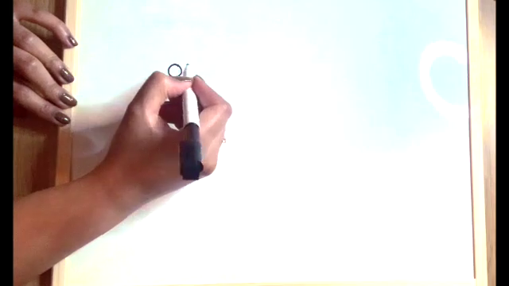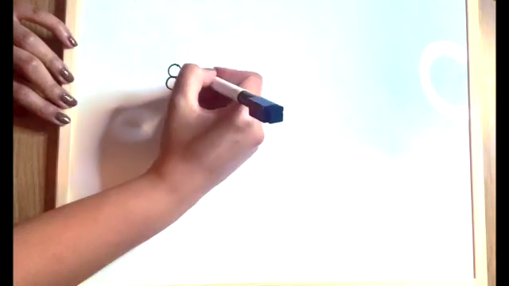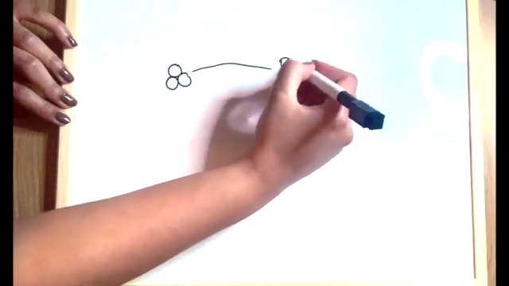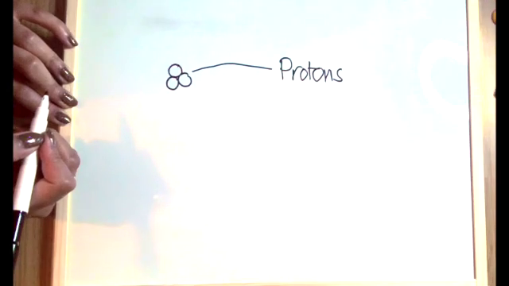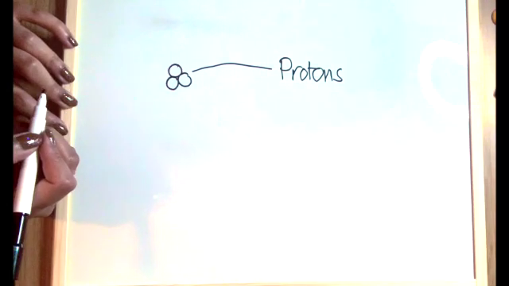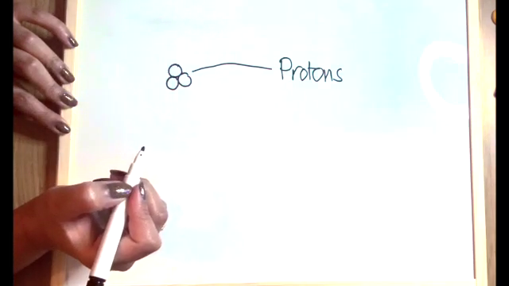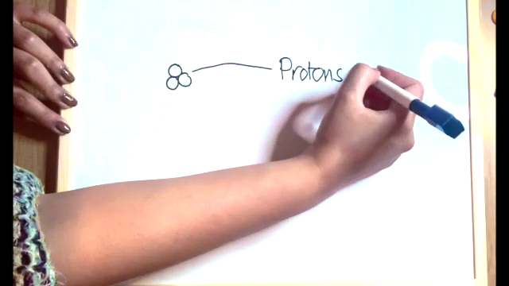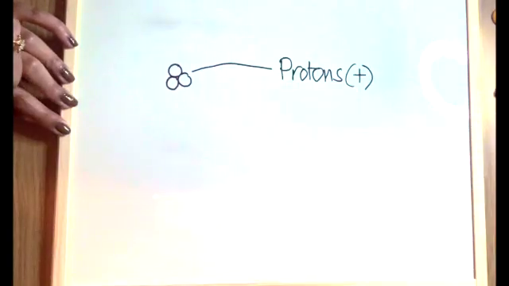The first thing that we are going to look at is inside the atom, we have these subatomic particles that are called protons. Protons are the subatomic particles which are positively charged. So protons have a positive charge on them.